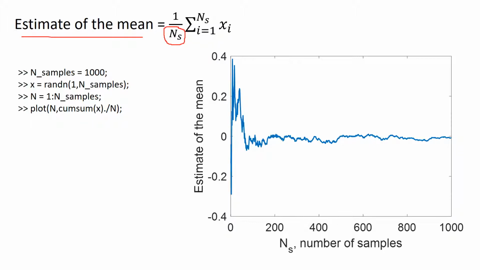Each one is indicated by x sub i. And we sum up all of our samples and divide by the number of samples. You know how to do that. That's the estimate of the mean. And here, when we take 1,000 samples, we get a pretty close estimate of the expected mean of 0. Remember, here, we are sampling from a distribution with 0 mean, or 0 average.